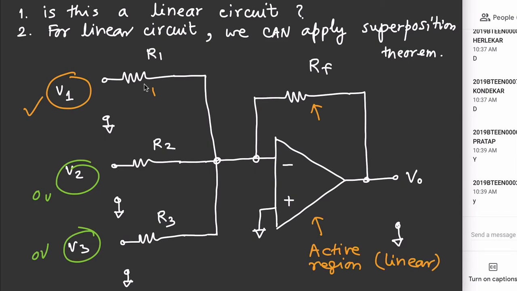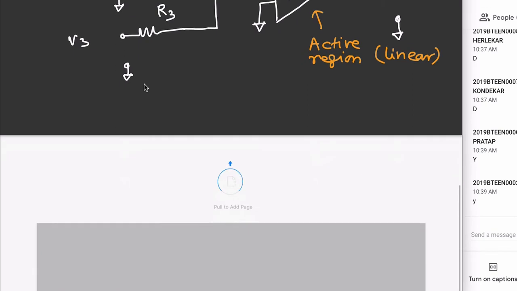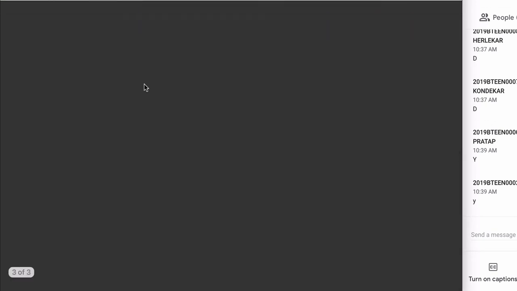Now let us apply that superposition theorem. So case 1, only V1 present, V1 is present, V2 is equal to V3 is equal to 0.